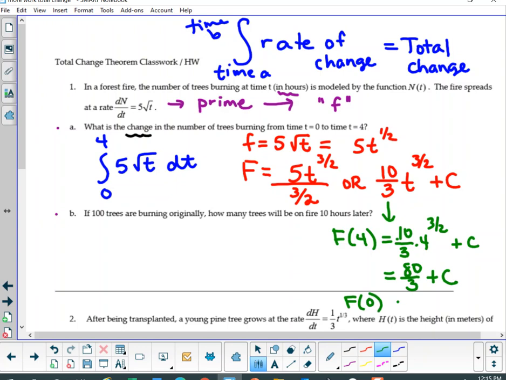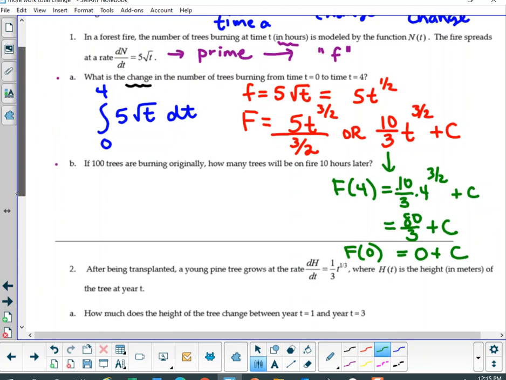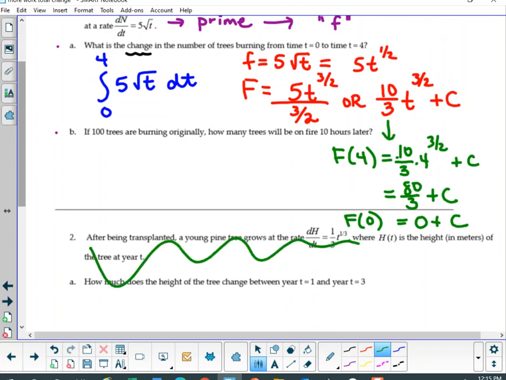Gotta love the 0 ones, because in most cases, F of 0 is 0, not all the time. Or it's 0 plus c. So we're not going to worry about this problem. We'll continue for part A.